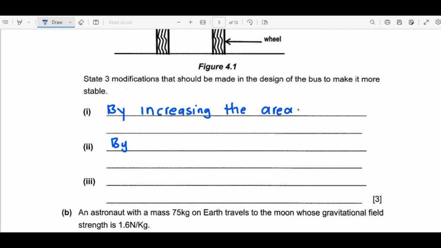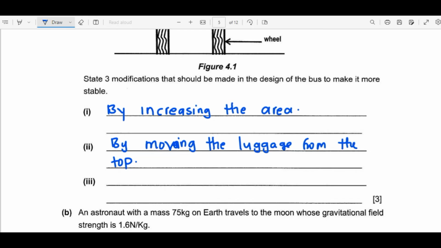So by moving the luggage from the top, which is the same as the luggage rack, where they are putting the luggage, it must be put under or close to the wheels, then the bus can be more stable.